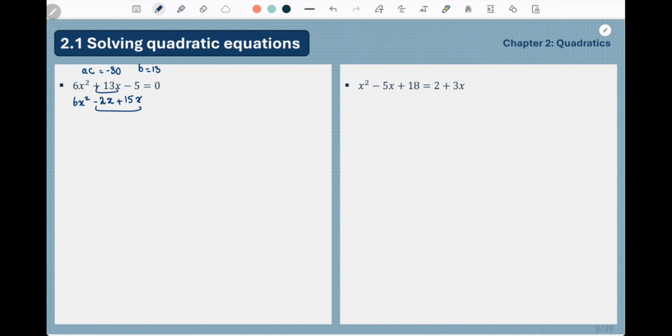So we just split this in a way that it's going to give you a common factor later, as you're going to see in the next step. So this one, minus 5 equals 0. I'm gonna factorize by the highest common factor between 6x squared and minus 2x.